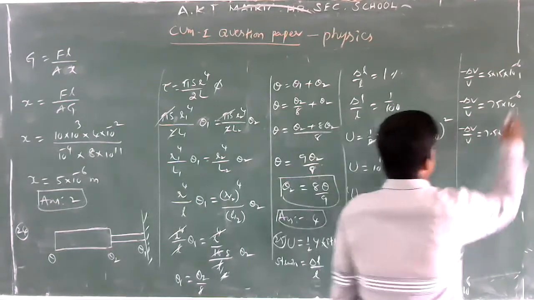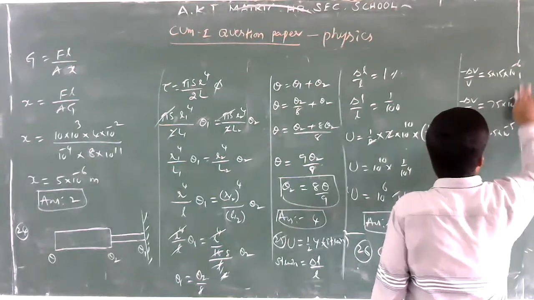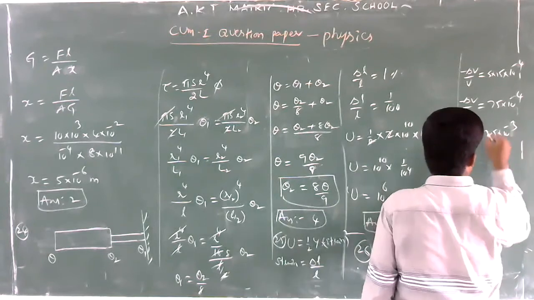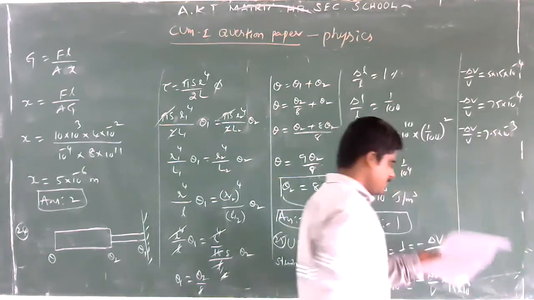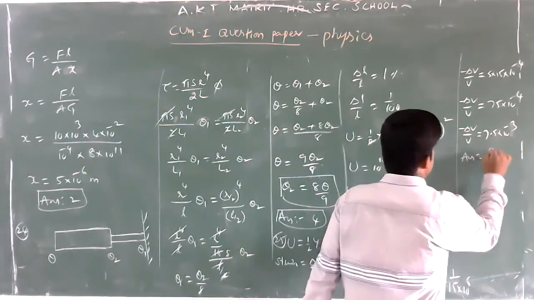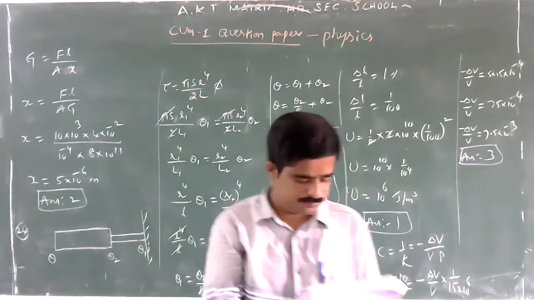Then minus 10 plus 6 is minus 4, so the result is 7.5 into 10 to the power of minus 4. So which option is correct here? Third option is correct for question 26.